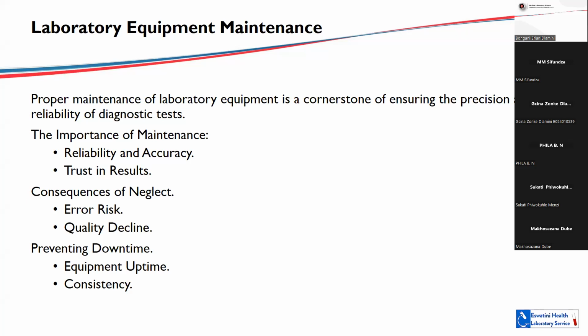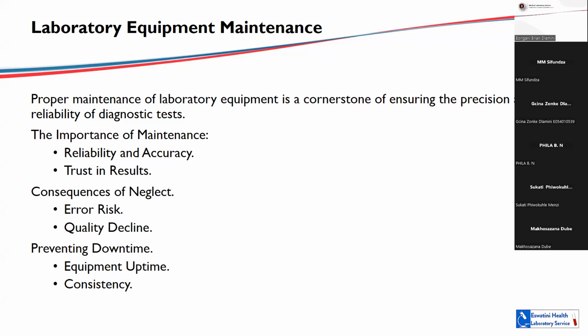Then there are the consequences of neglect, because sometimes we do neglect our maintenance schedules. We risk errors and quality decline, so our quality will come down. By doing maintenance, we are preventing downtime. The downtime of the equipment will be low, hence its uptime will increase, and we will be consistent in providing the service.